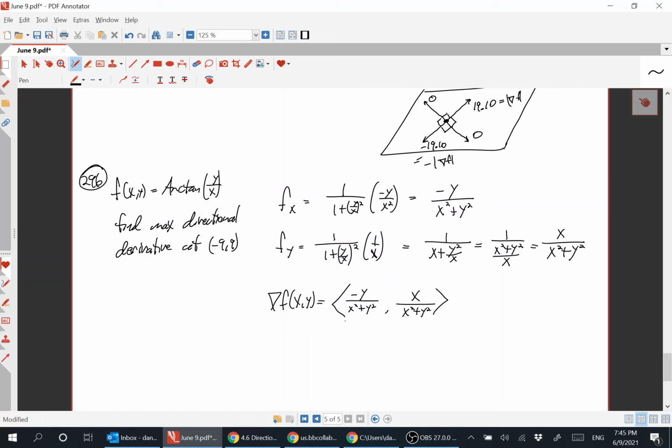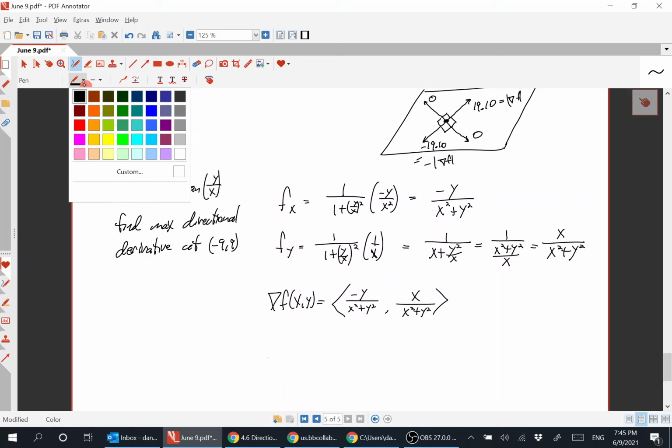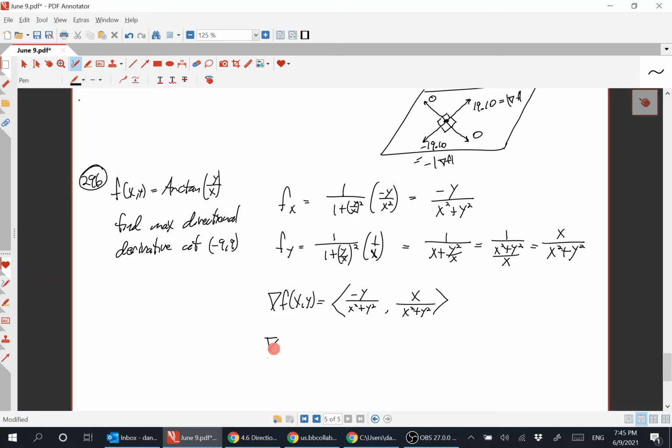So I don't even have to plug in the -9 and the 9. What's the length of that gradient? Oh, no, sorry. Not true. You do have to plug it in. See? That was hasty. So -9, 9.